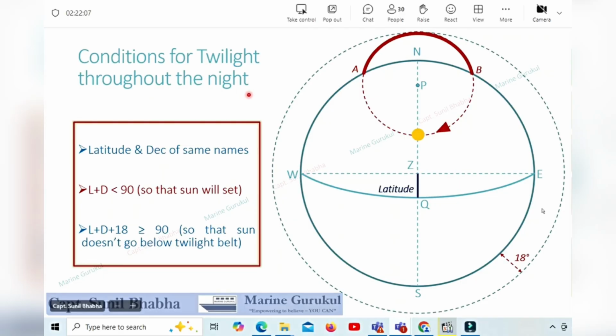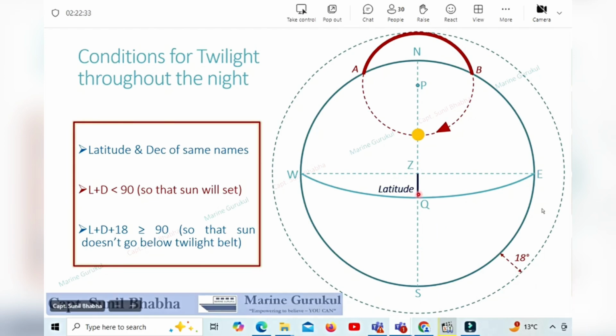Let me explain with the help of this diagram what is meant by the term twilight throughout the night. We have taken a particular observer. We have shown the rational horizon for this observer, and we have shown the 18 degrees twilight zone going to an altitude of up to minus 18.